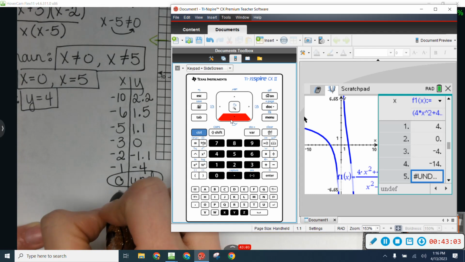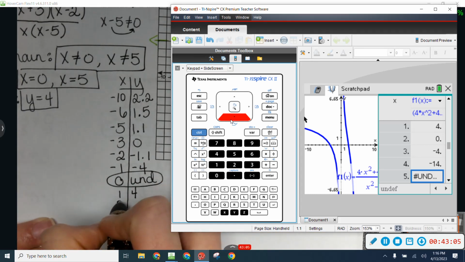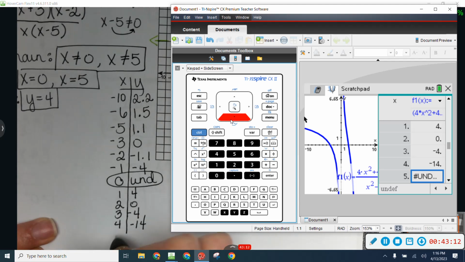Then I have 1, 4, 2, 0, 3, negative 4, 4, negative 14, and 5 is undefined.